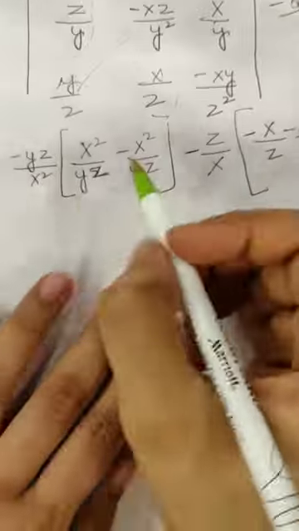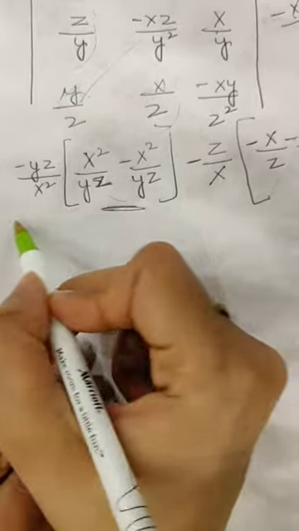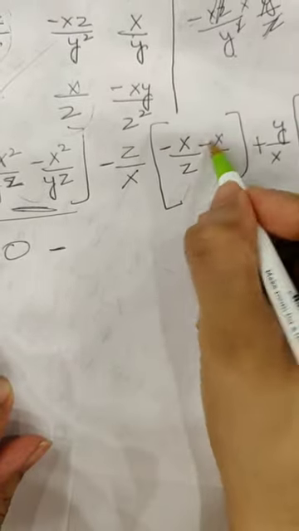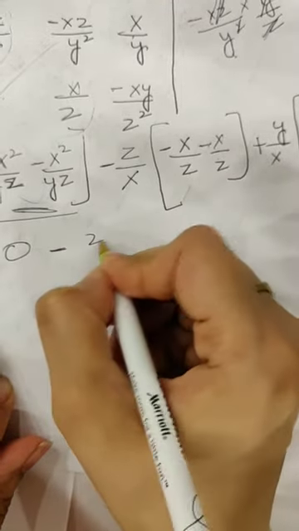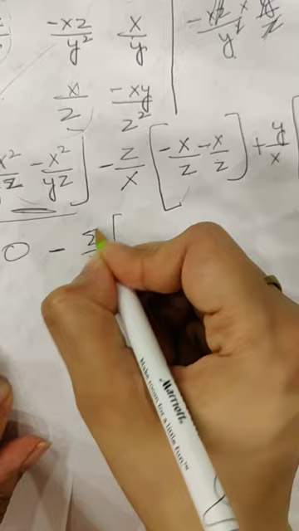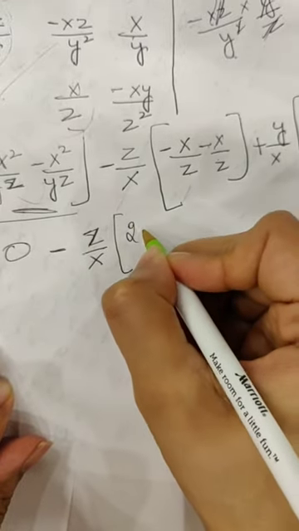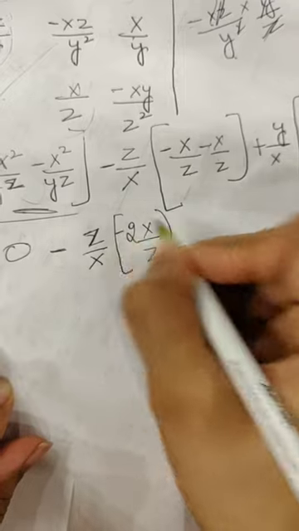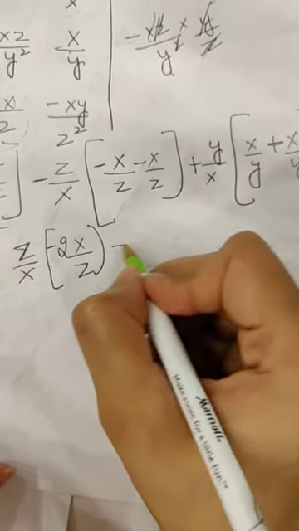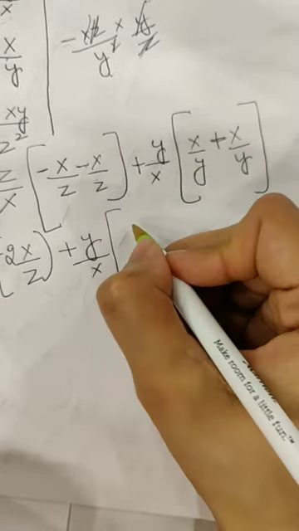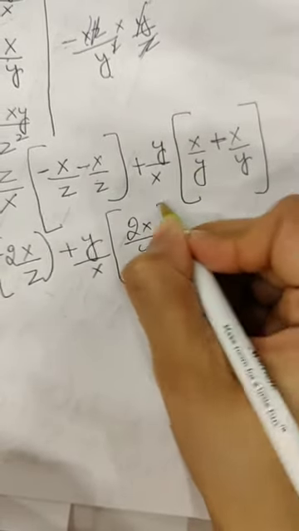So now this becomes 0, so this entire term becomes 0. Minus z by x into 2x by z, which is minus 2x by z, plus y by x into 2x by y.